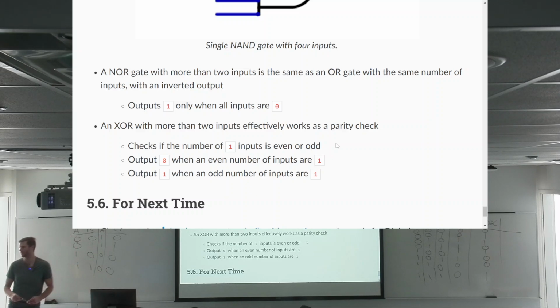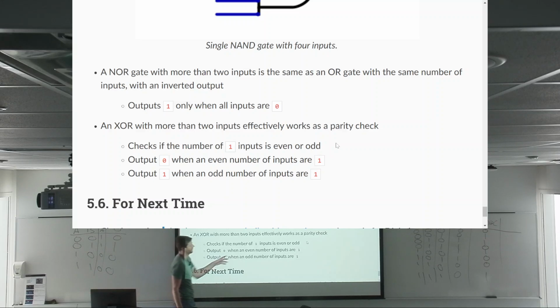With more than 2 inputs, it effectively works as a parity check. Check if the number of 1 inputs is even or odd. Output 0 when there's an even number of 1s, output 1 when there's an odd number of 1s. And we could do this as we go on and on. It's basically, if it's even, 0. If it's odd, 1. Cool?